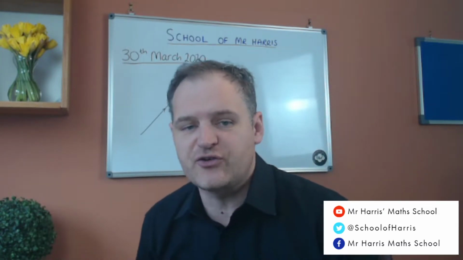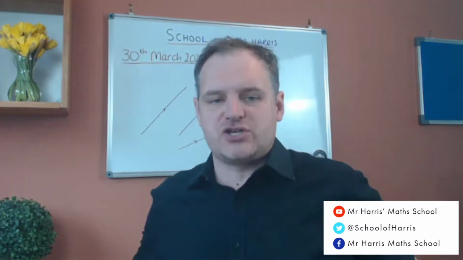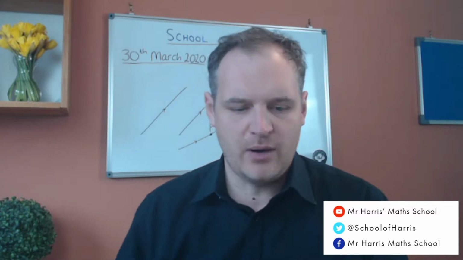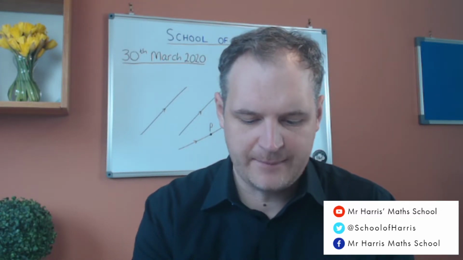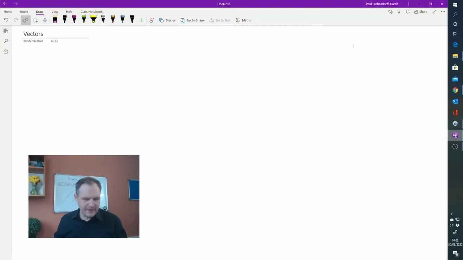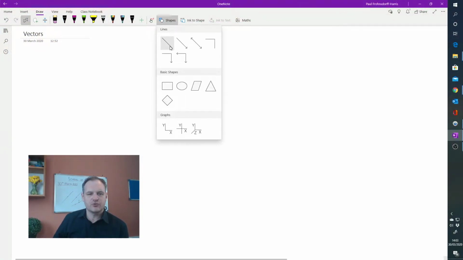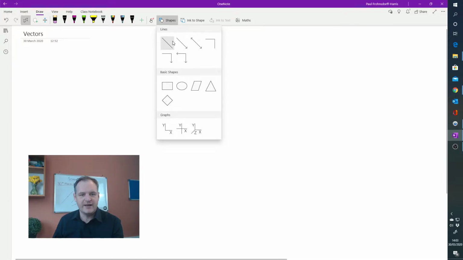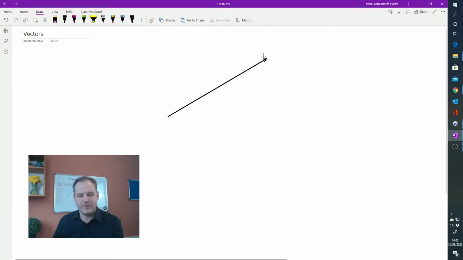So the first thing we're interested in is the magnitude and direction of a vector. To do so, I'm going to take us over to my software, and in this software, we're going to start off by drawing a simple vector. Here we go.